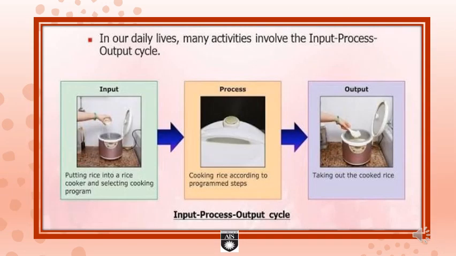Here is another example of the IPO cycle which we use daily. The process of making rice. See, in the input section, we have the picture of putting the rice into the cooker and selecting the cooking program, which leads to the processing part, which is cooking rice according to the programmed steps.